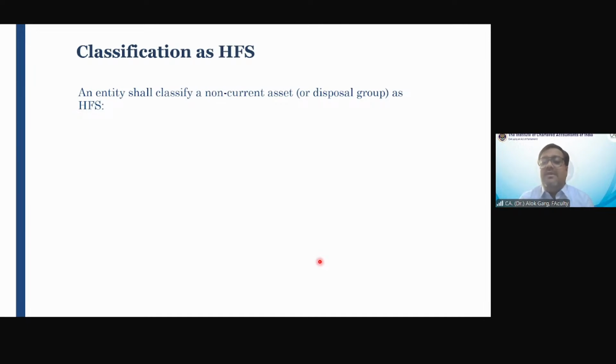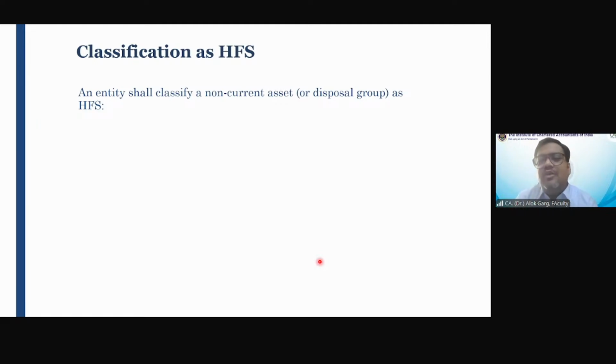For an individual asset to be covered under Ind AS 105, that individual asset should always be a non-current asset. For a disposal group, this group may be a combination of current assets, non-current assets, as well as liabilities. But at least one asset in the group should be a non-current asset.